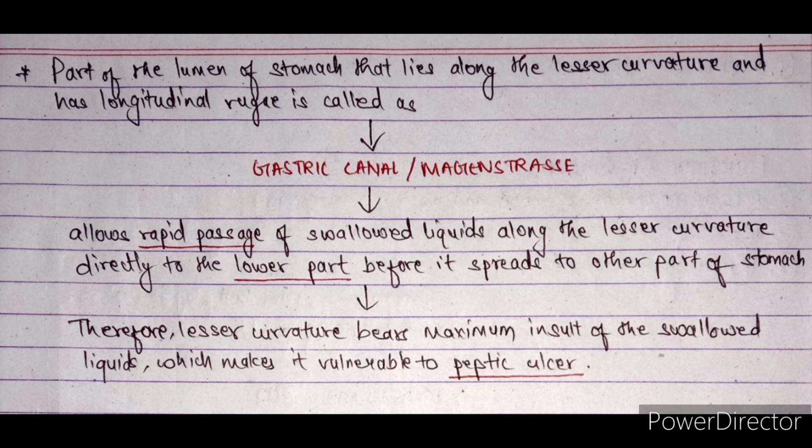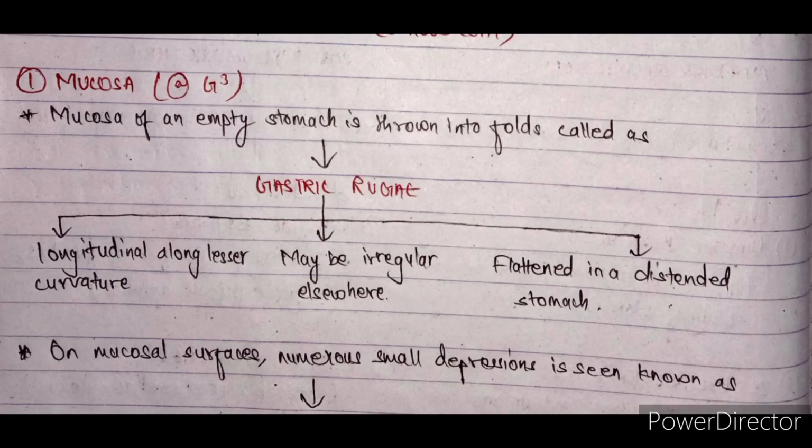Therefore, lesser curvature bears maximum insult of the swallowed liquids, which makes it vulnerable to peptic ulcer. So, there are only three things in the layer of mucosa, which are gastric rugae, gastric pits, and gastric canal or Magenstrasse. We can remember this by using the mnemonic G-cube.